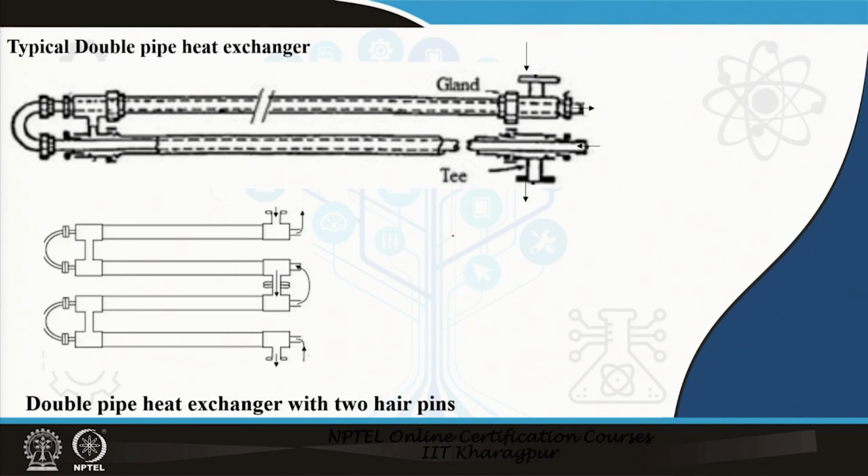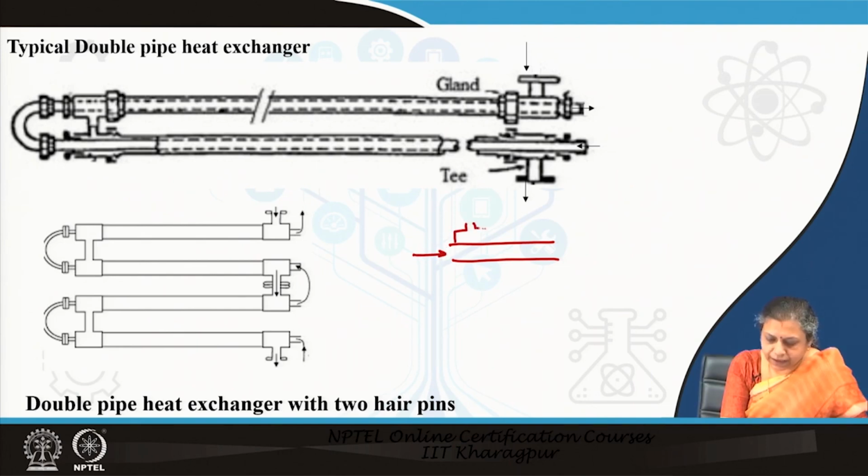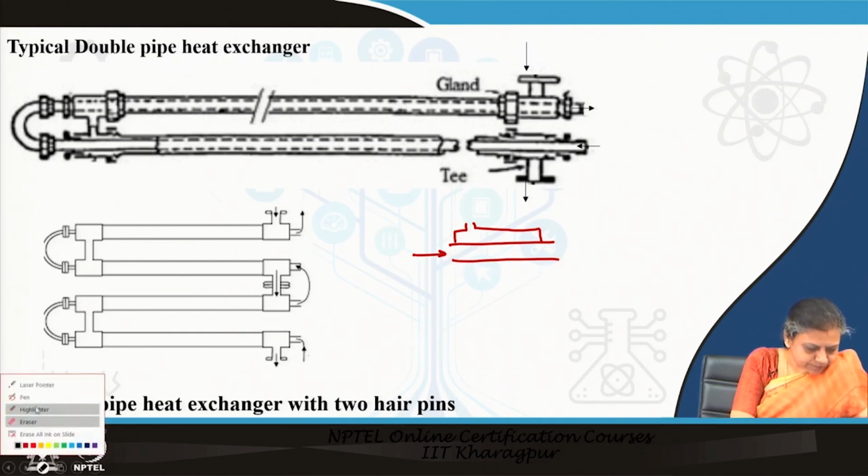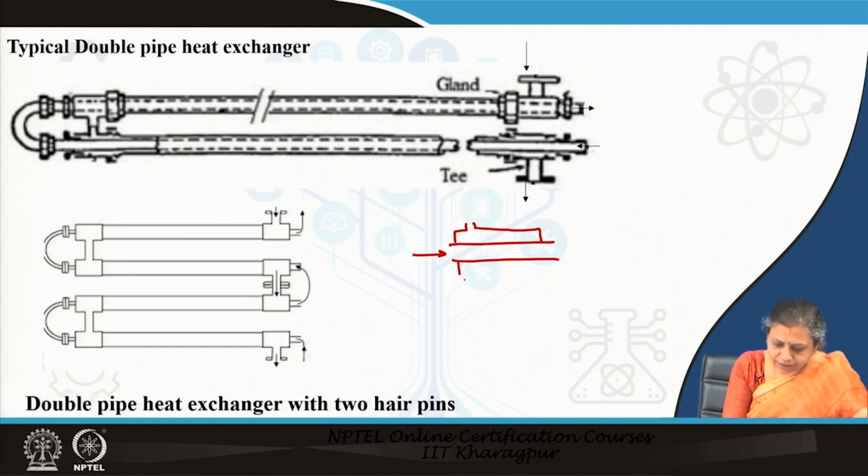You have one particular pipe through which a fluid is coming, and concentric to that you have another pipe. Sorry, I did not draw a concentric arrangement, but anyhow I will just correct it. Here, this is the arrangement.